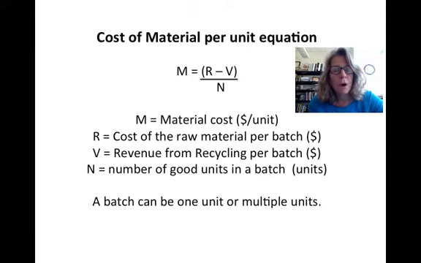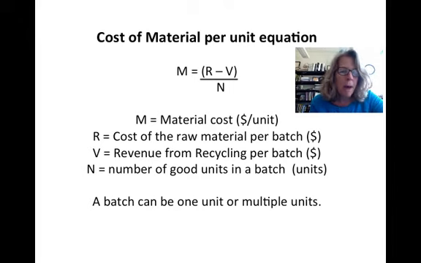R and V are in dollars, and then the number of good units in a batch is N. So you can see that R minus V is going to be dollars and N is going to be units. So this is going to be dollars per unit. Again, I really encourage you to think in unit analysis when you're doing a lot of these fully allocated cost calculations. I think it'll keep you straight if you consider that.